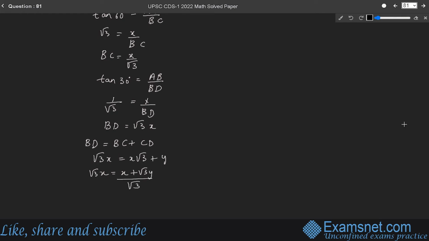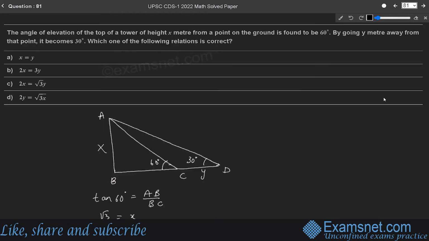From equation number 1, 3x is equal to x plus root 3y and 2x is equal to root 3y. So this is the required answer for this question and we can say that the correct option for this question is option number C, which is 2x is equal to root 3y.